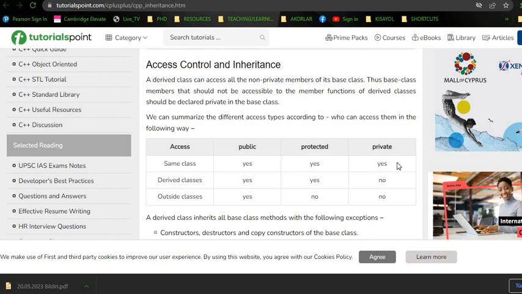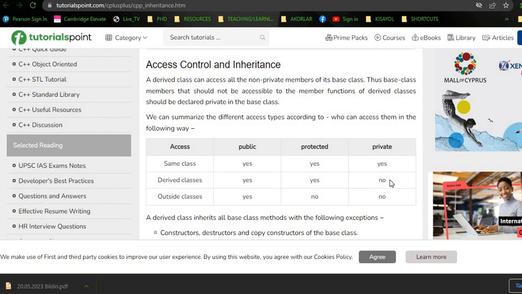Inside the class, they are accessible. Derived classes means we have a base class, but we created a derived class. Derived classes can have access to the base class members if they are public, of course, if they are protected, but they cannot be accessed if they are private.